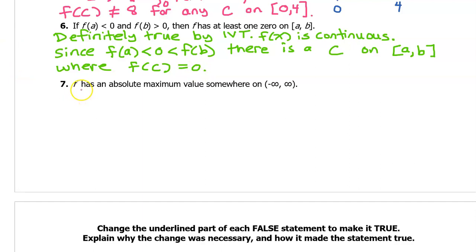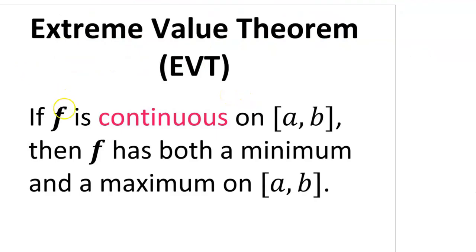Number 7. F has an absolute maximum value somewhere on the interval from negative infinity to positive infinity. This sounds a little bit like the extreme value theorem, but not so fast. The extreme value theorem guarantees the existence of both an absolute minimum and an absolute maximum on a closed interval from a to b, not an open interval, and definitely not negative infinity to positive infinity.